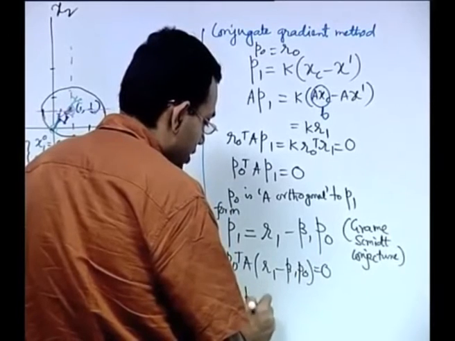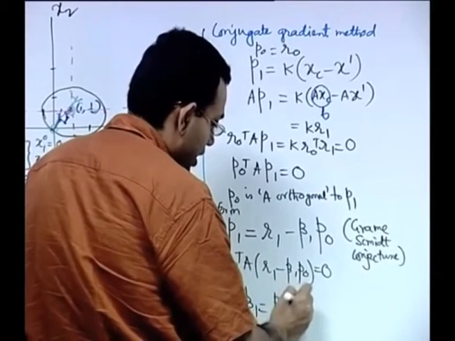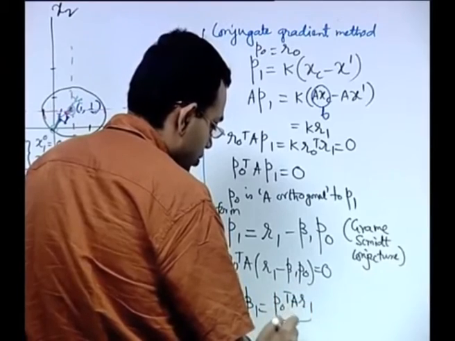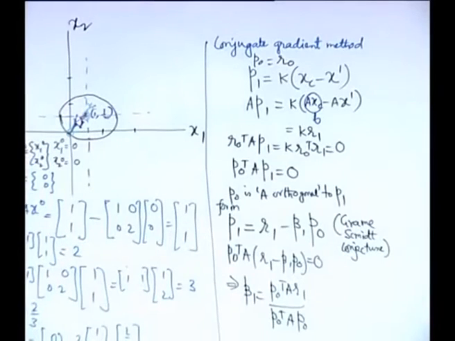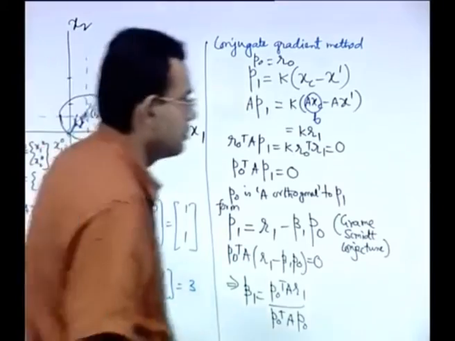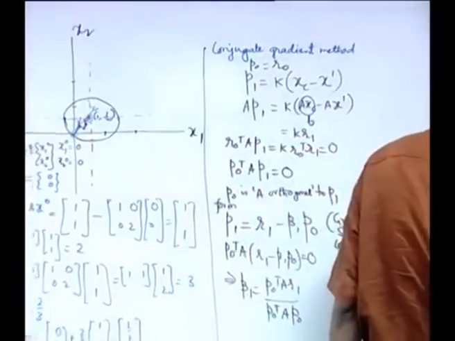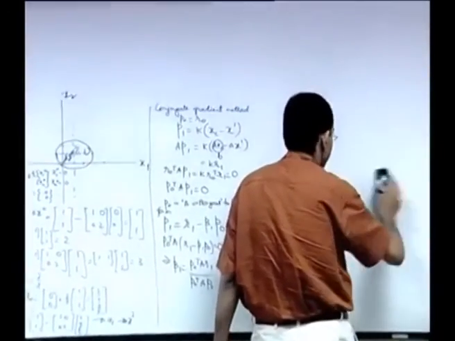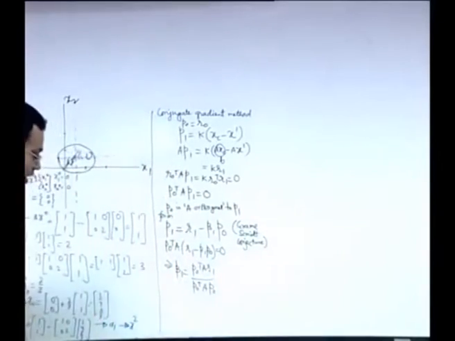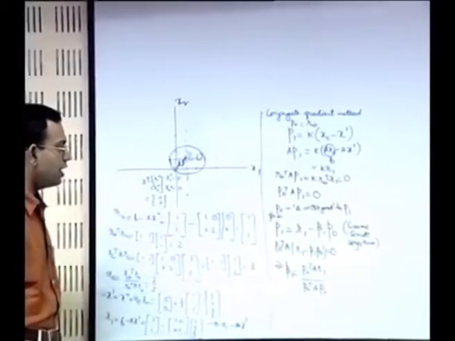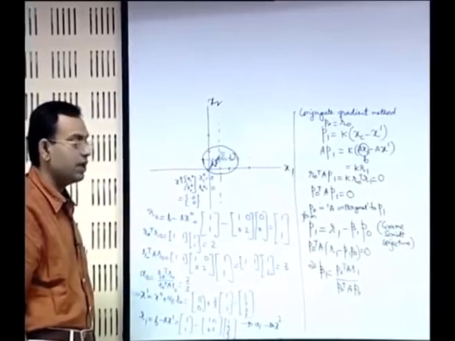So you have beta 1 as p0 transpose A r1 by p0 transpose A p0. So if you know beta 1, then using beta 1 you can find out what p1 is.